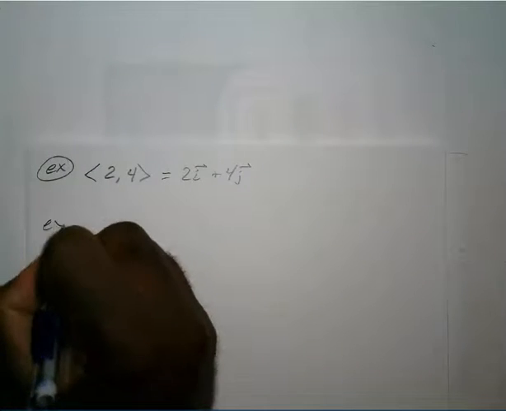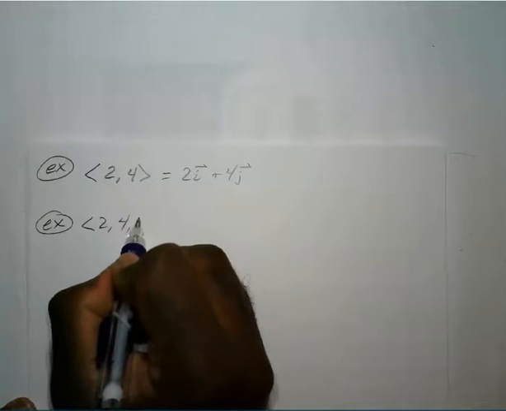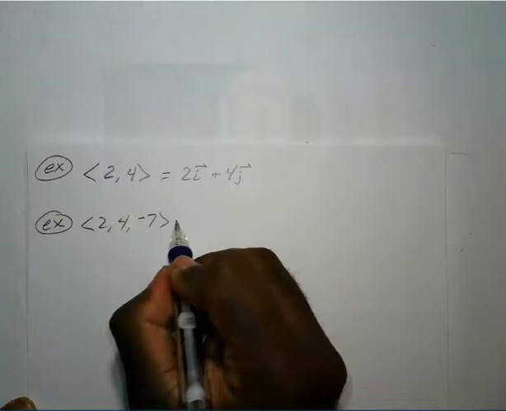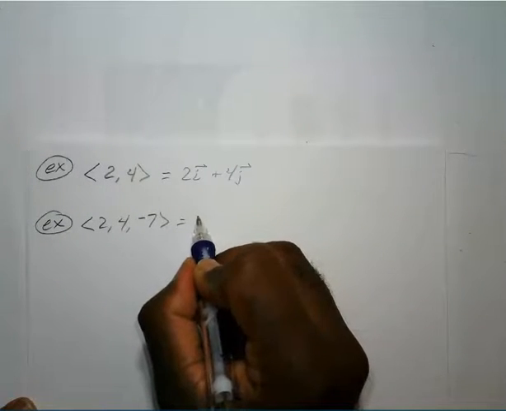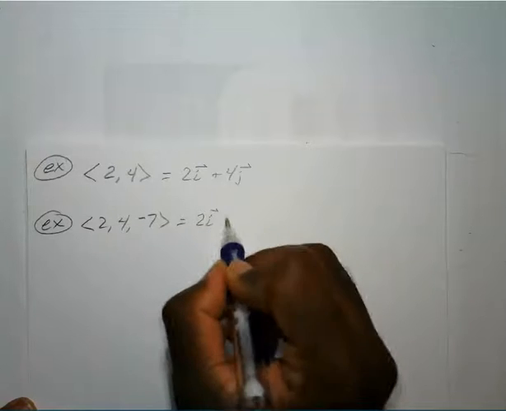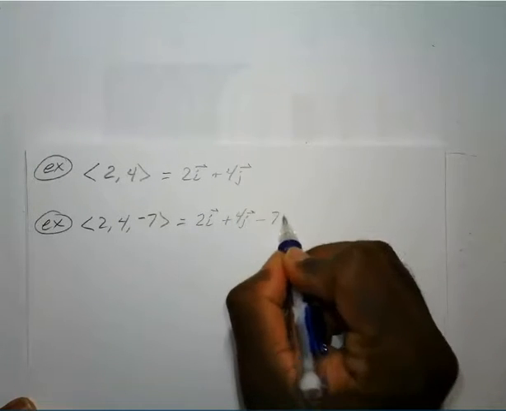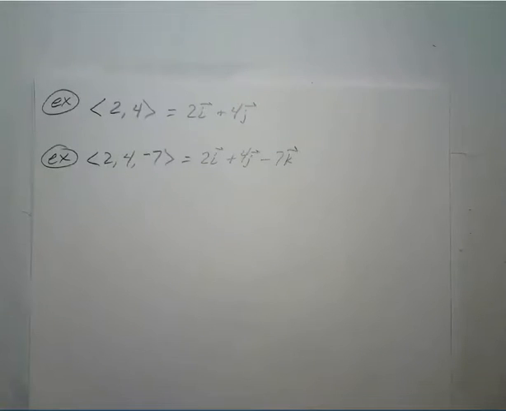Or if we have the vector (2, 4, -7), we can write that as 2i plus 4 times the j vector minus 7 times the k vector. So it really gives us another way to write our vectors.